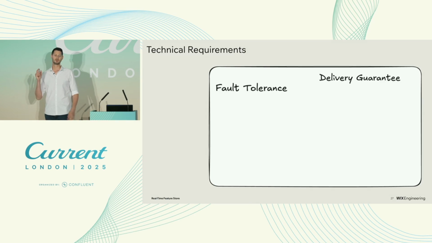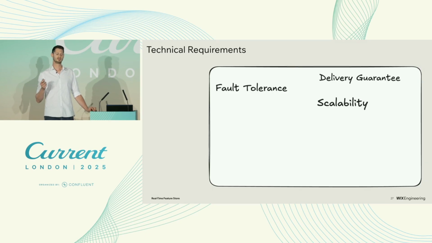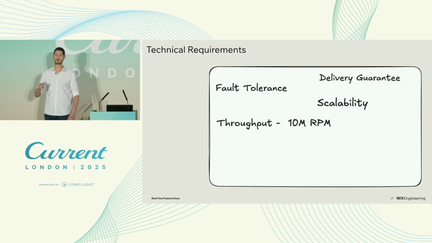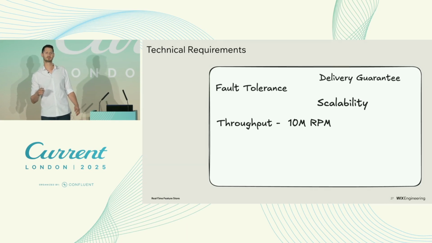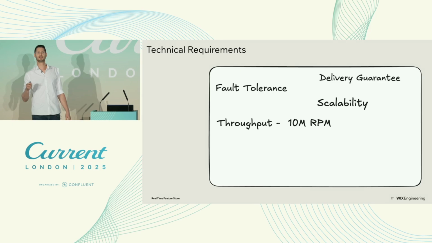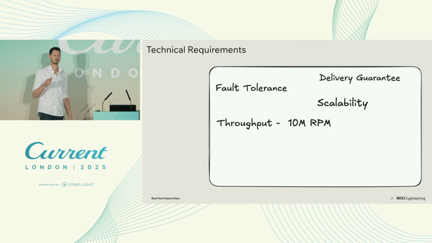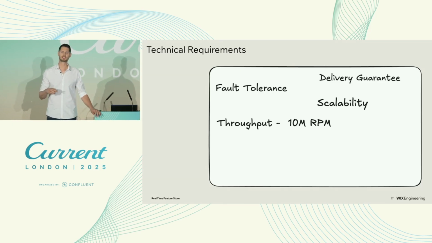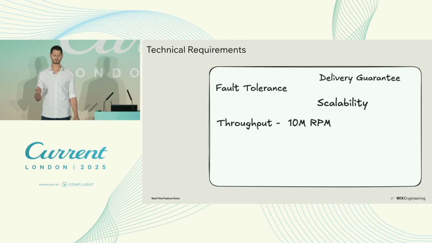First, fault-tolerant delivery guarantee. Of course, we want to ensure that no data will be lost. Second, scalability and high throughput. As Wix keeps growing, more users create more sites, and it means that we have a lot more data.